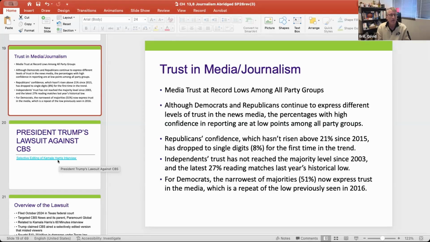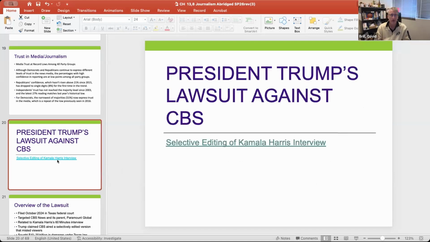Anyway, here are a couple of recent examples of when I talk about context, whether it's intentional or misleading, and how it can really cause dysfunction between a news organization and your audience. And I'm going to pick on 60 Minutes and CBS. An example would be the selective editing of when Kamala Harris was on 60 Minutes during the run up to the 2024 election.